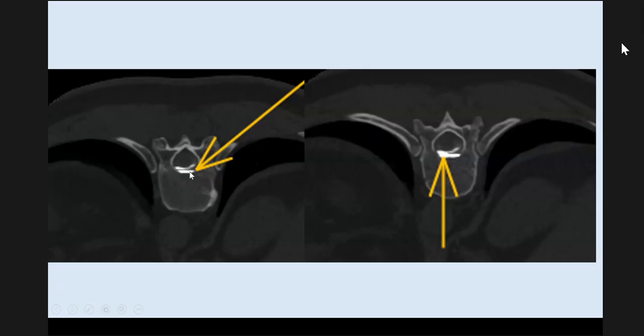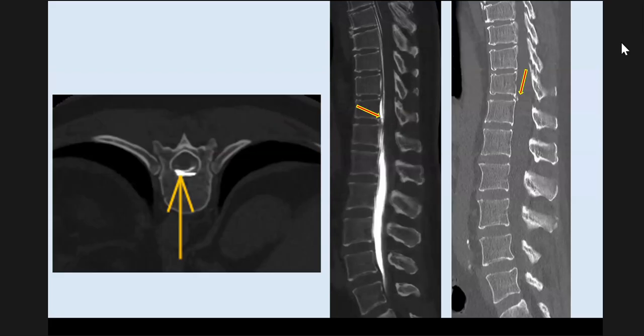So there is epidural collection here, and you can see a defect in the dura where the subarachnoid contrast is going into the epidural space. So that's where the dural tear is. And when you look at the sagittal images, you can see the epidural collection of contrast, the abnormal pooling of the contrast anteriorly in the epidural space.